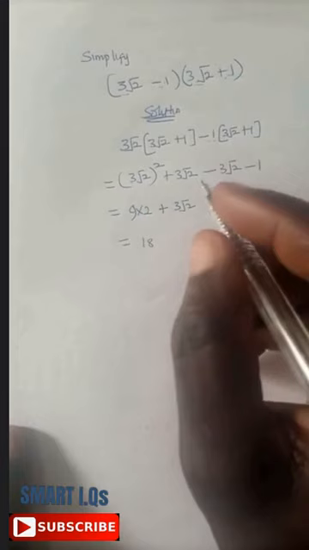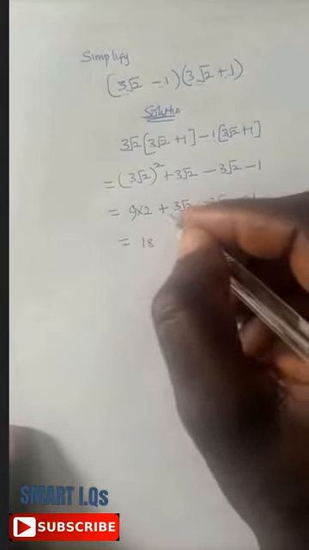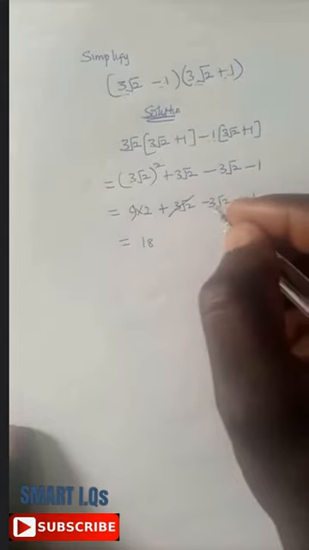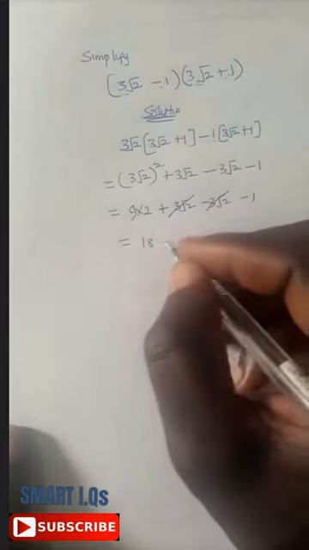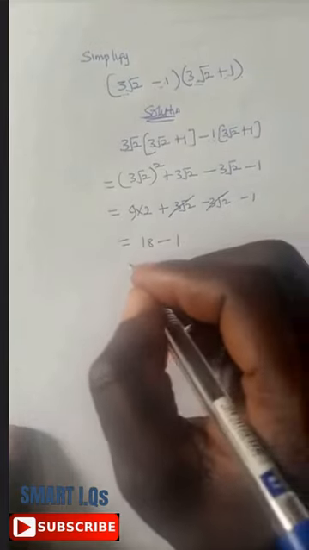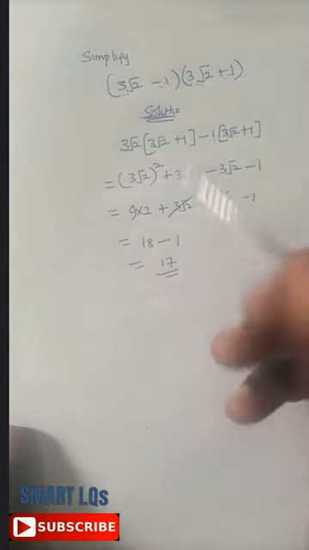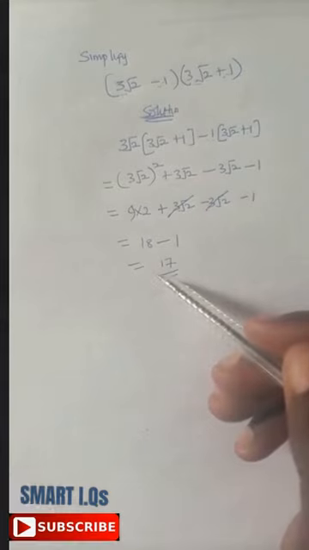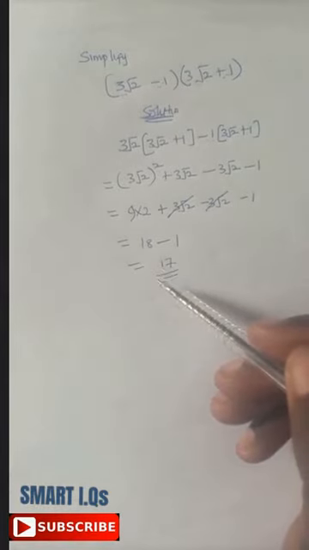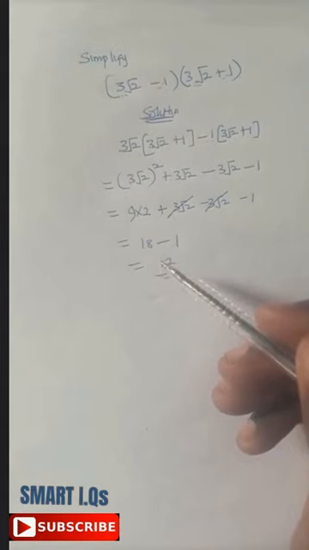So plus 3 root 2 minus 3 root 2 is going to strike out. That means minus 1, and this will give us 17. So this tells us that these two surds are conjugates: what we have is a rational number, and that is 17. Are we together?